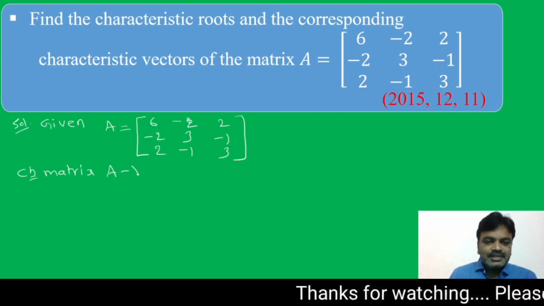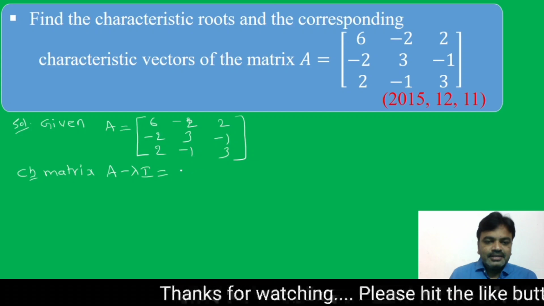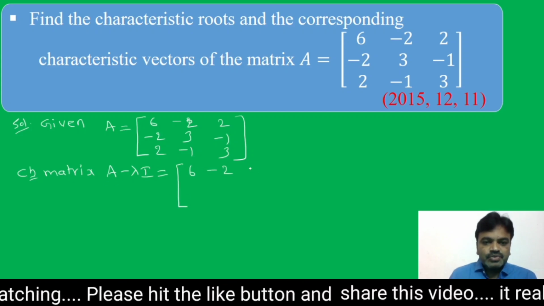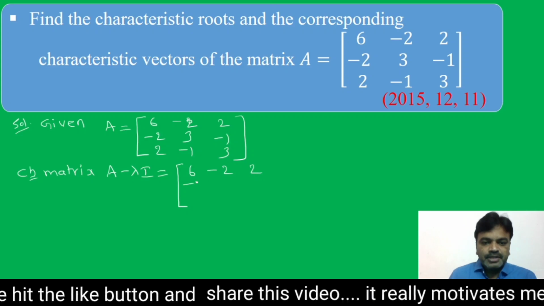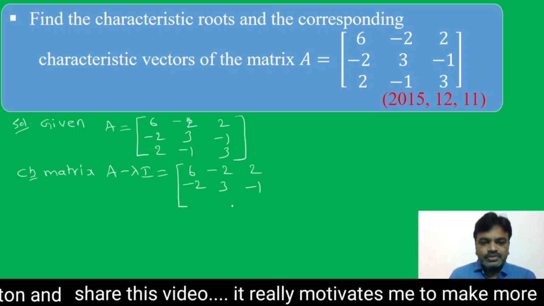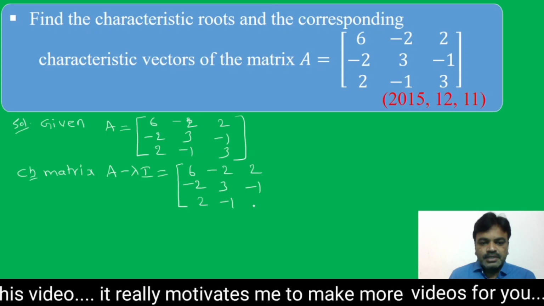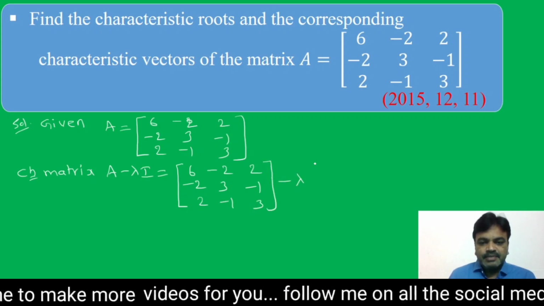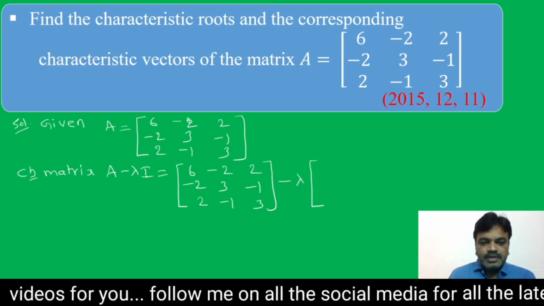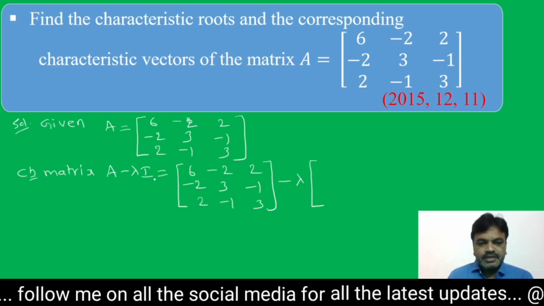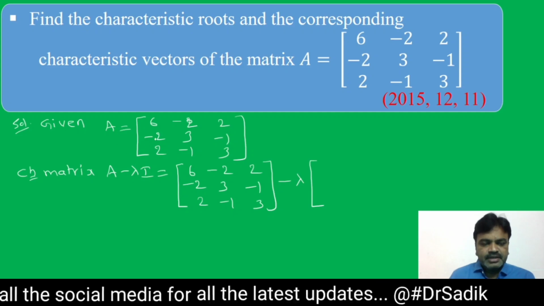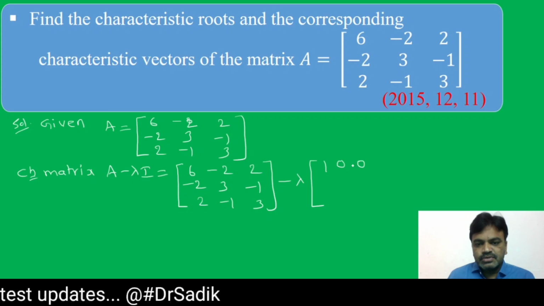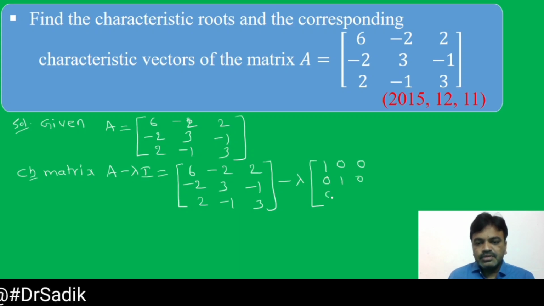A minus lambda I. That is equal to the matrix A, [6, -2, 2; -2, 3, -1; 2, -1, 3], minus lambda into the unit matrix of order 3, because the order of matrix A is 3. So write the unit matrix of order 3: [1, 0, 0; 0, 1, 0; 0, 0, 1].